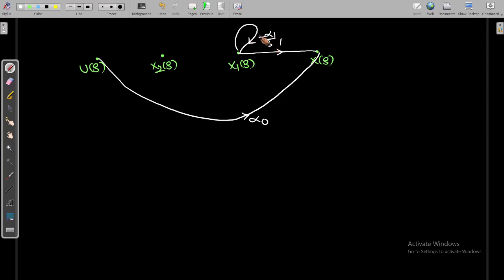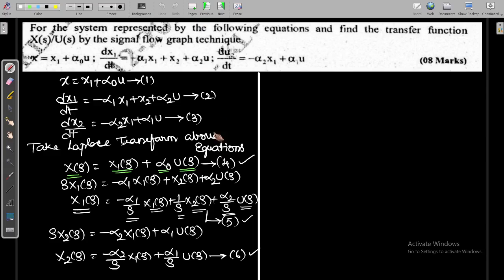Next from X2 you are getting 1 by s. Next from U of s you are getting alpha 2 by s. Let us check: minus alpha 1 by s, next 1 by s, next alpha 2 by s.